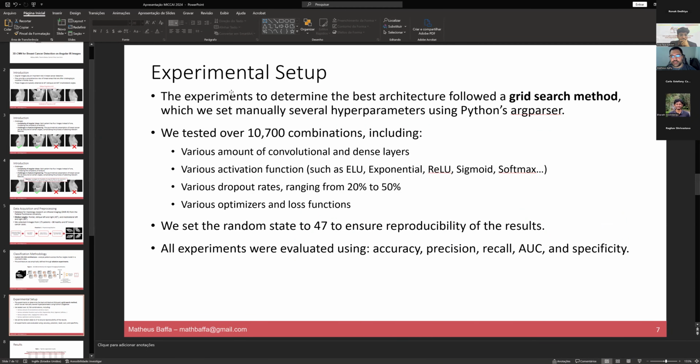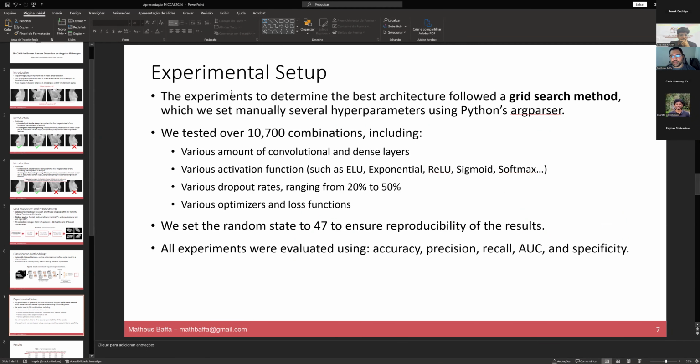So for the experimental setup for this ablation study, we used a grid search method. We implemented this using ArgParser, which is a Python framework that allows us to change these hyperparameters using the command line.